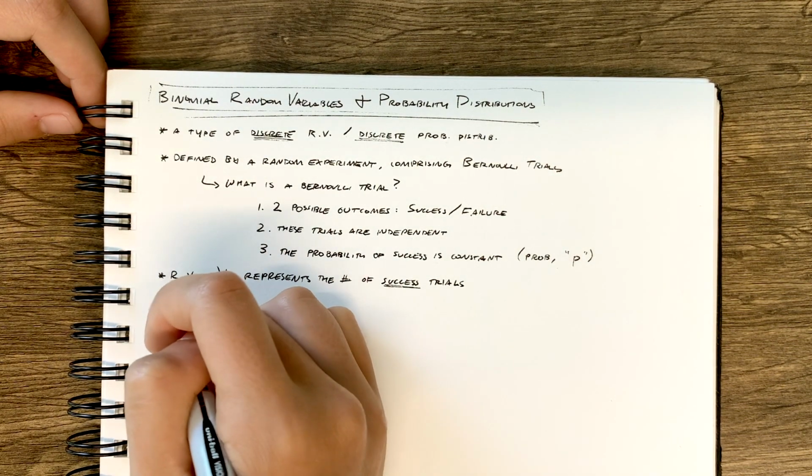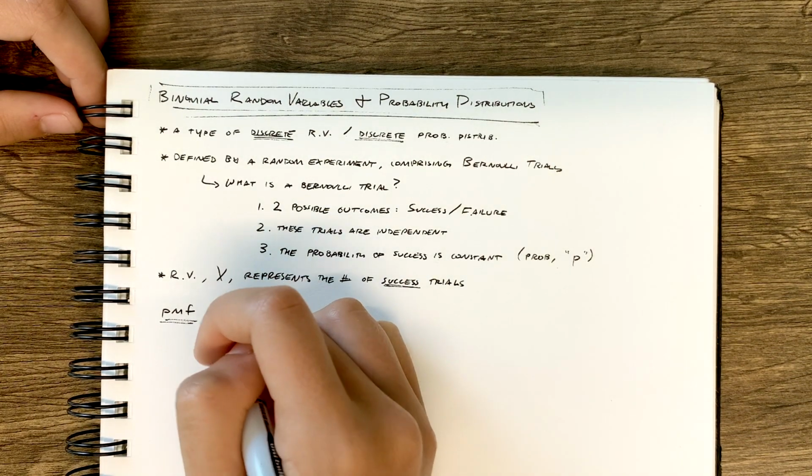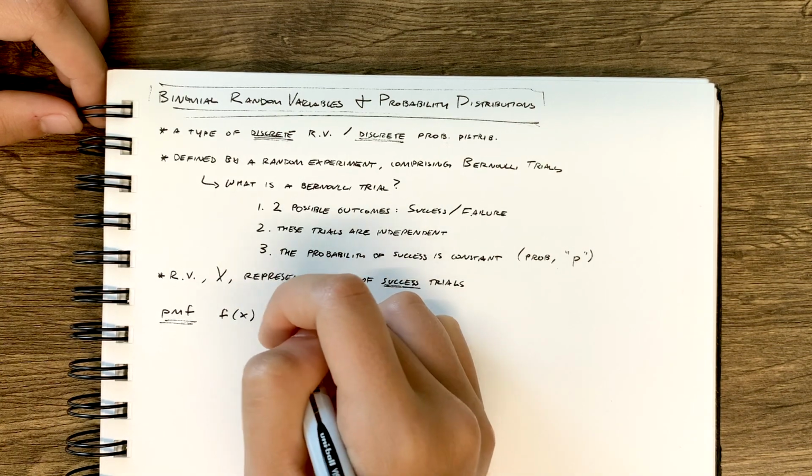As we know, we can represent a PMF as a little f of x function, which is equal to the probability that our binomial random variable is equal to some instance.